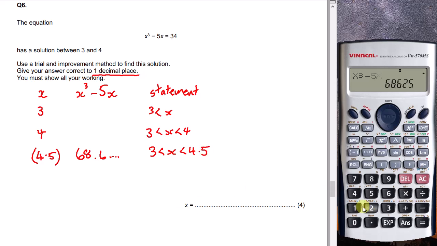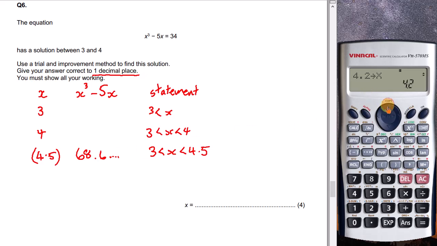Choose another one. Let's try 4.2. Store it into the x. Press equals. And now, with a decent calculator, you should be able to go back up and find the calculation you were doing. If you press equals, it will recalculate it.